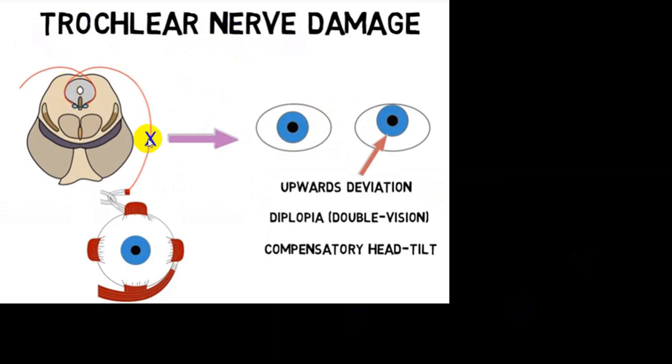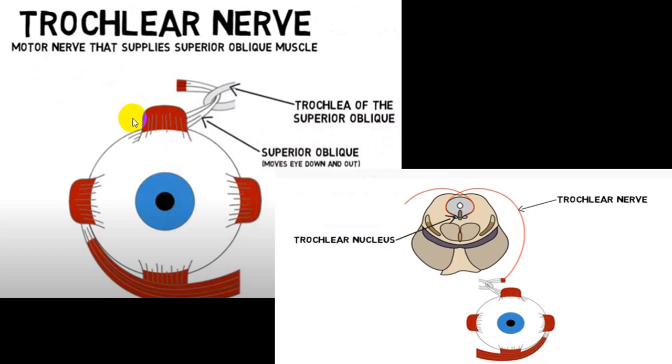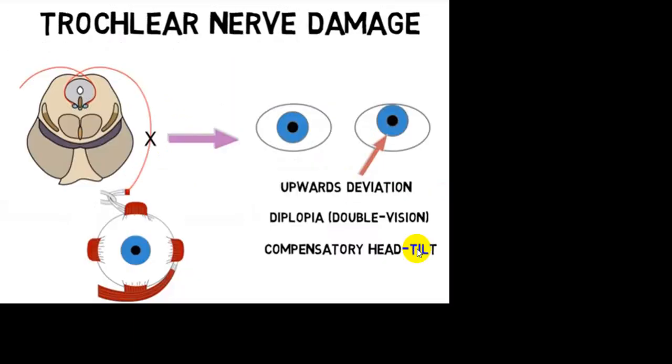If you get damage here, it will be the same side. Say if we take this as a brainstem, and this is patient-wise the left side, you will have the left side affected. And if you get the damage in the brainstem, it will be the opposite side.